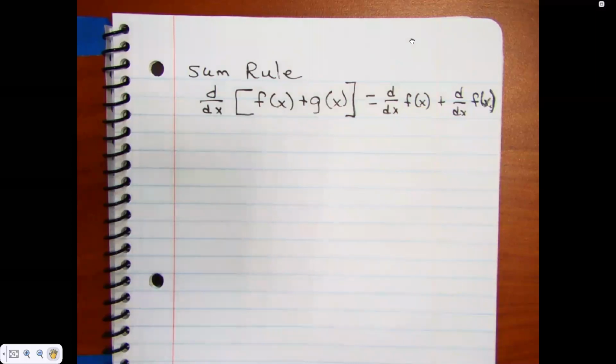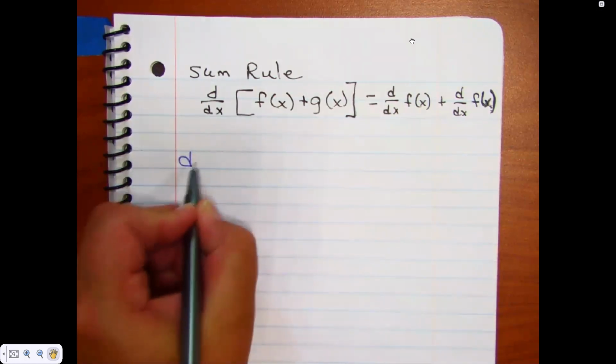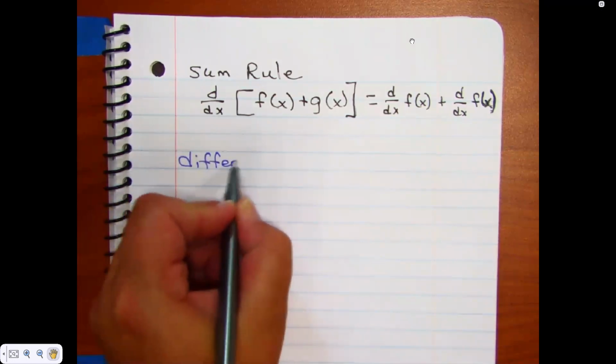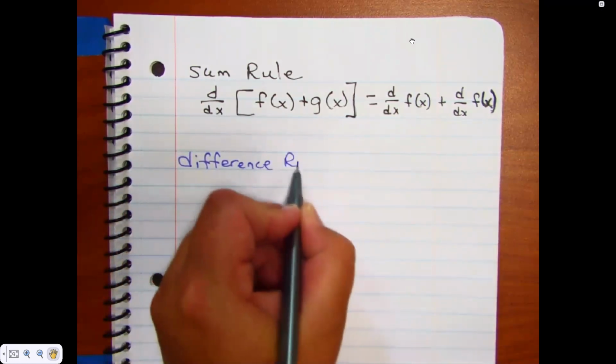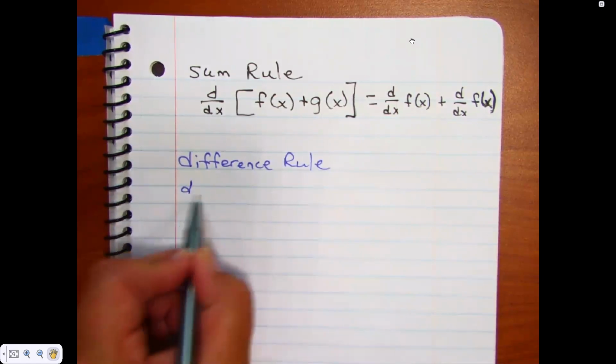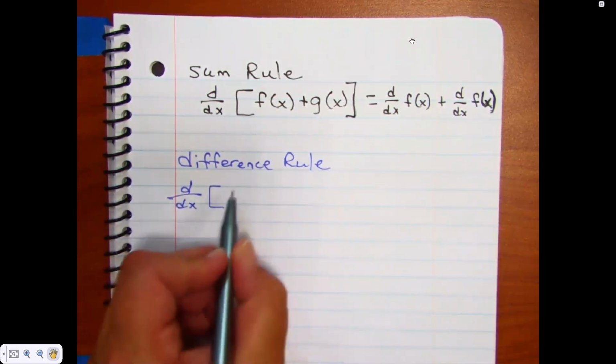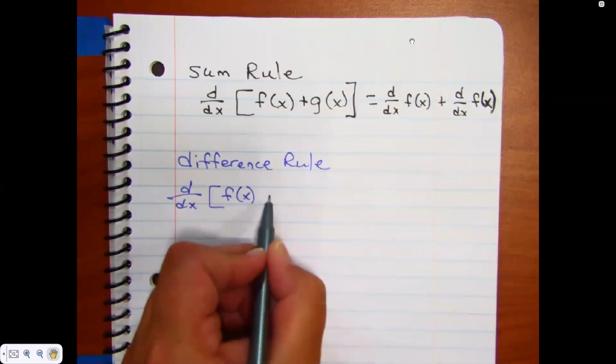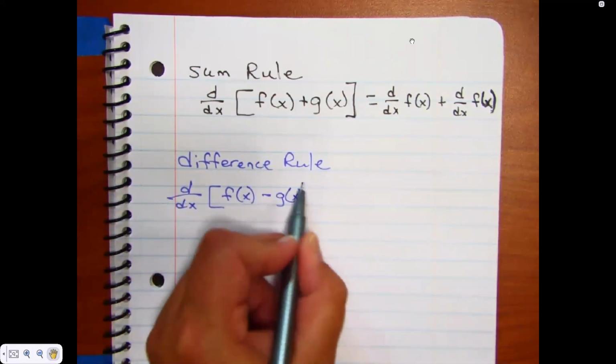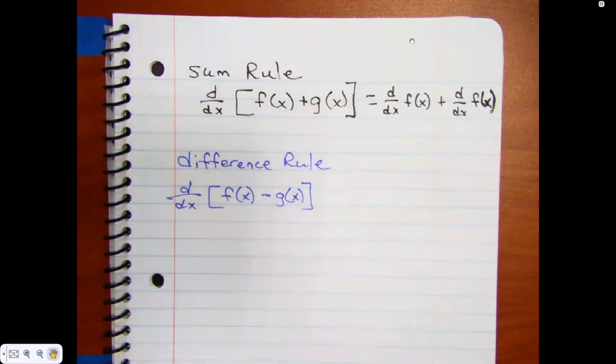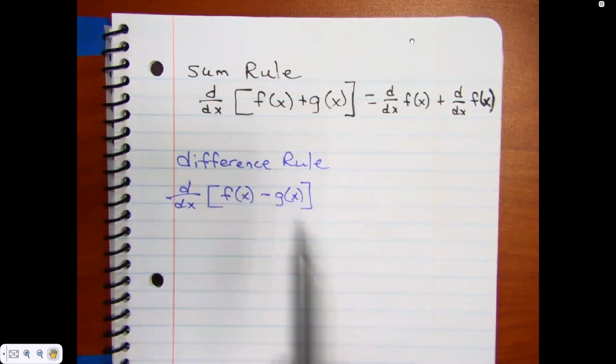All right, and you can do the same thing for subtraction. So the difference rule. If we're taking the derivative and we're subtracting, again, the only way they can write it is it looks like it's two functions, and you can think of it as two functions, but really what they're talking about here is individual terms.